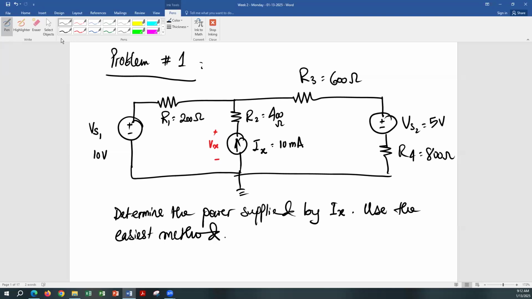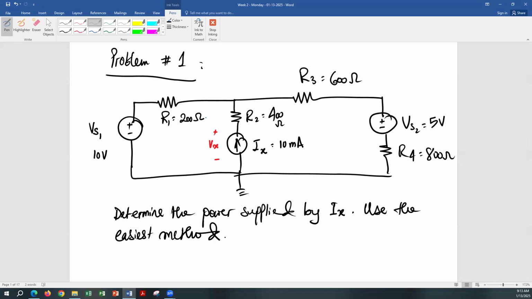If you're not applying supermesh, then you will have three equations. And if you're applying supermesh, you will have two equations. So in any case, you will have more equations than if you apply nodal analysis. So nodal analysis is the easiest method, and that's the method that we are going to employ.